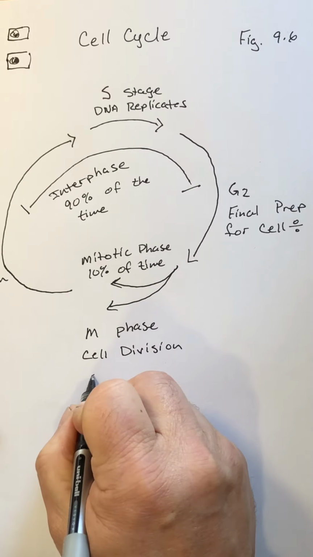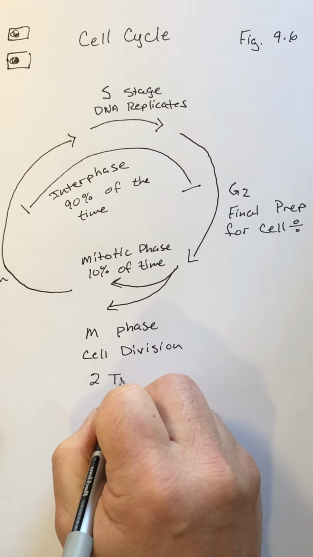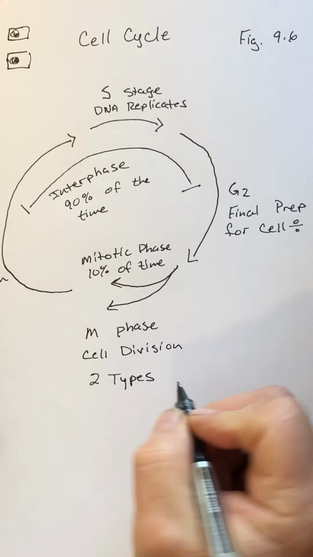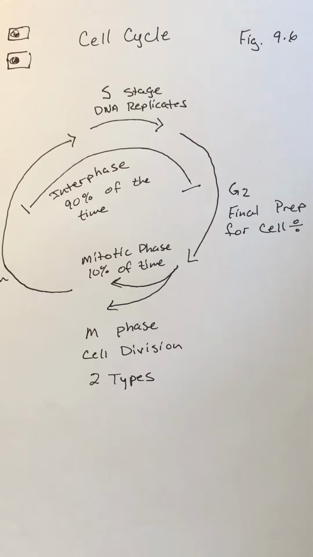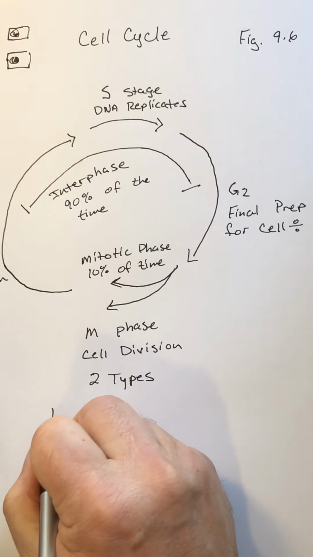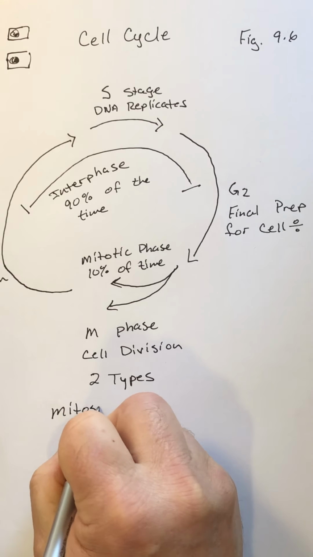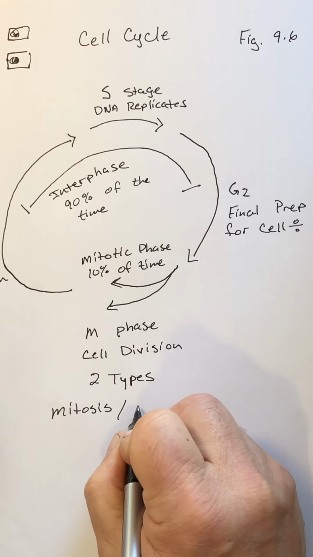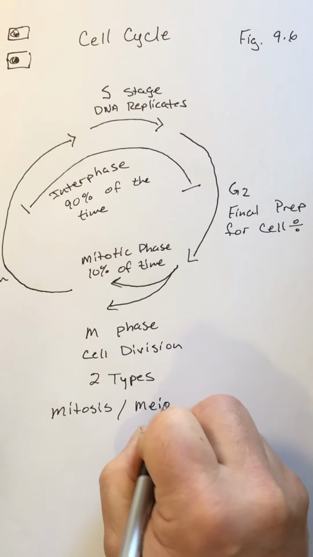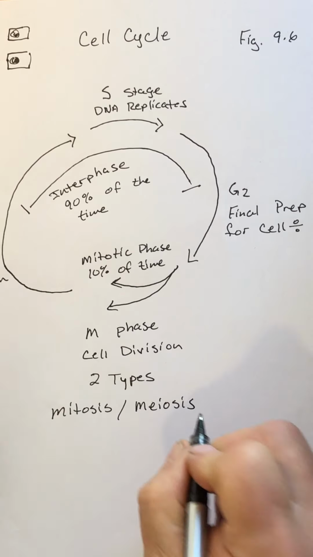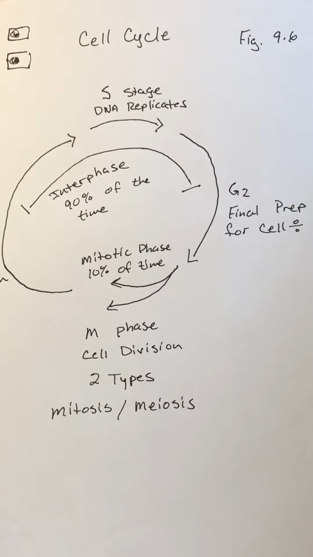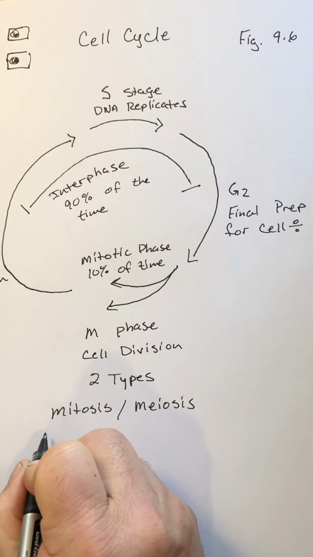And essentially there's two types of cell division, and depending on the cell, it will go down one of two pathways. It will either go through mitosis or a special type of cell division in sexually reproducing organisms called meiosis. Mitosis happens in what we call the somatic cells.